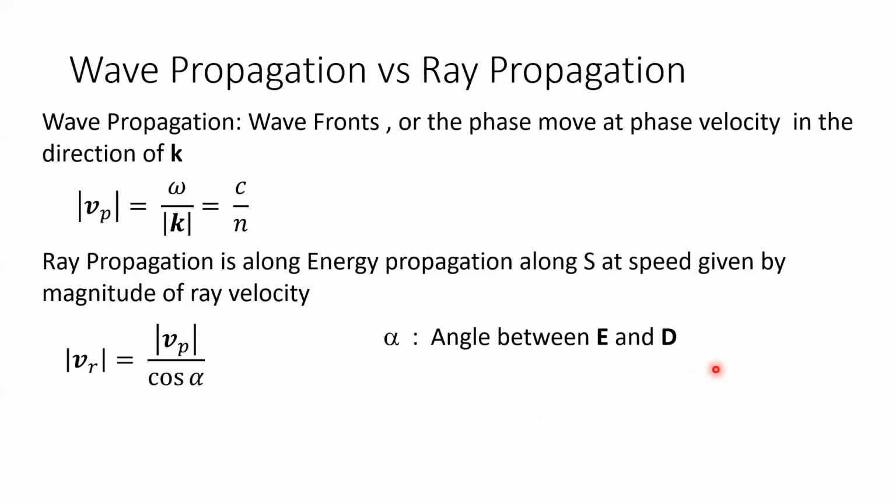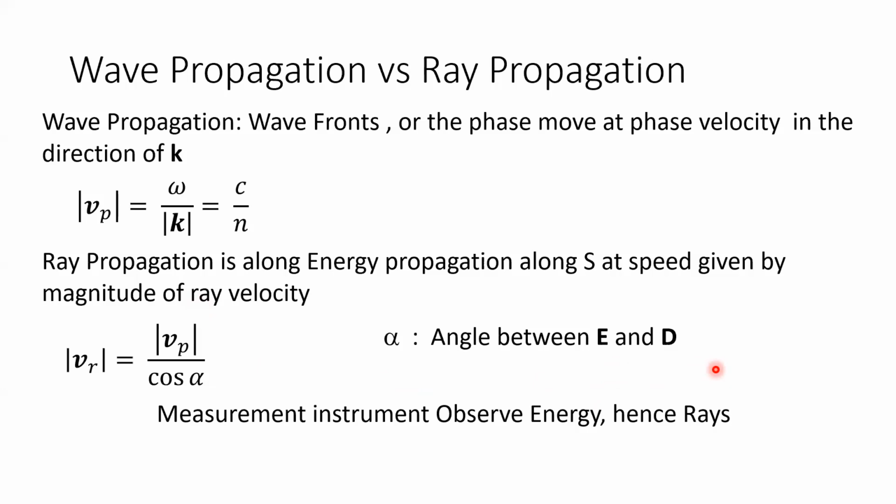Okay? Now, what is the significance? One is conceptual, because when you're discussing theory, you have to keep these two things separate. These two things also have very important practical implications. When you observe light, let's say through camera, through human eye, through telescope, through microscope, any instrument which you use to observe light, all you observe is the light intensity.